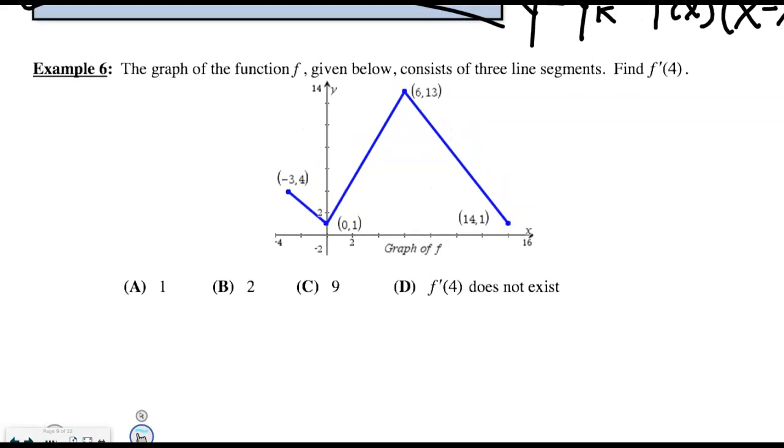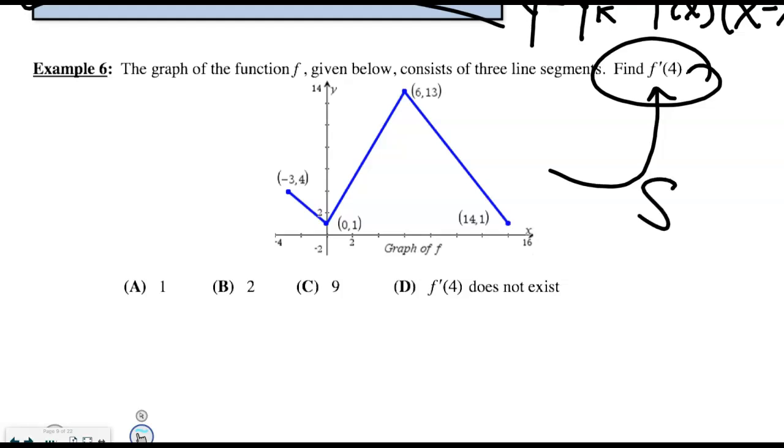So watch here. First, this just says find f prime at 4. You just need to know that f prime of 4 means the derivative there, or the slope at x equals 4. So this is the graph of f. I go to 4. I need the slope there. That's not calculus. What's the slope of that line? Everywhere on that line. You can do it in your head, right? Change in y over change in x.